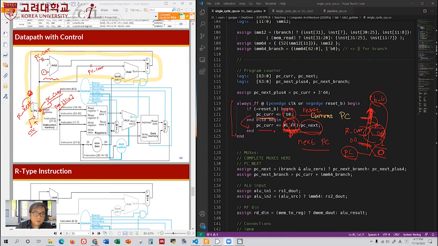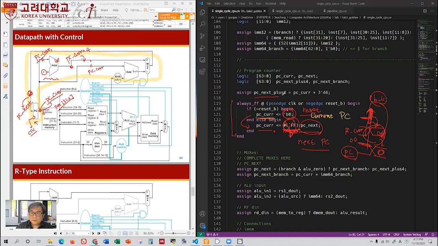So okay, here. This is the PC curve signal. It is the current PC, and as you can see, here is the adder, and this adder generates PC curve plus 4. So this is the output signal. For this output of the adder, I declare PC next underbar plus 4.